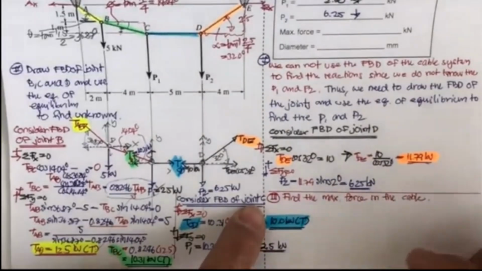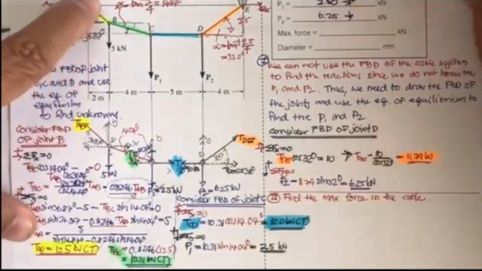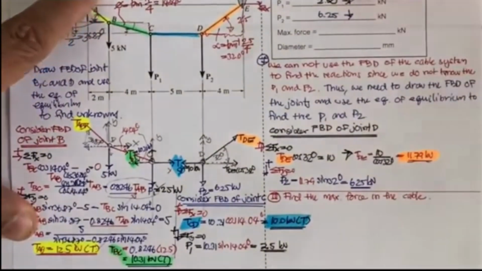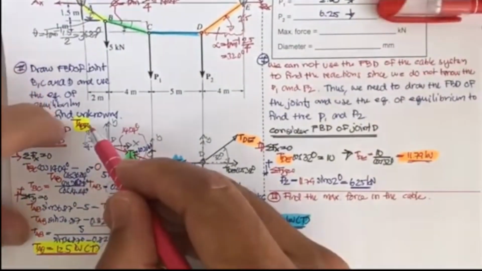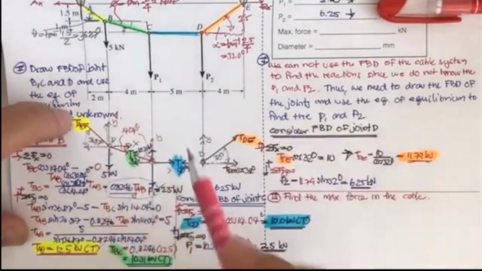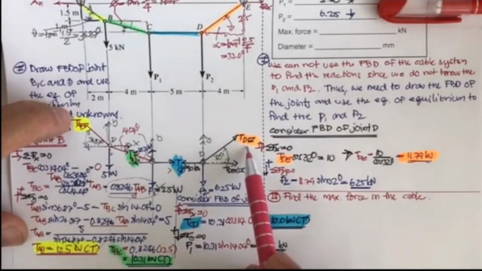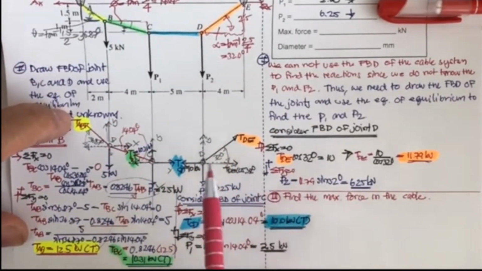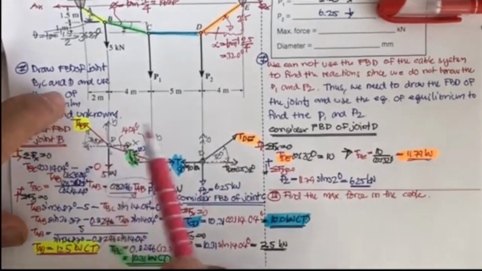Okay, as you may see from our calculation results, what we have here is the forces 12.5, 10.31, 10, 11.79. So the T max is going to be T sub AB, right?